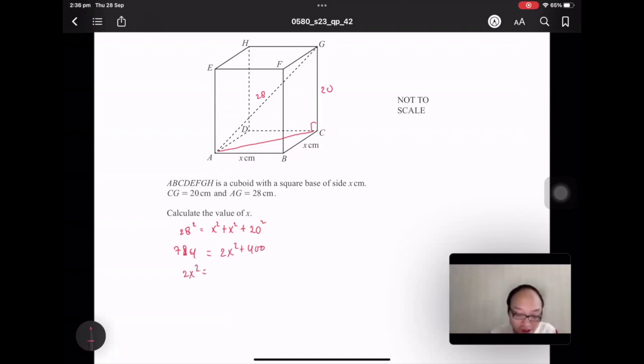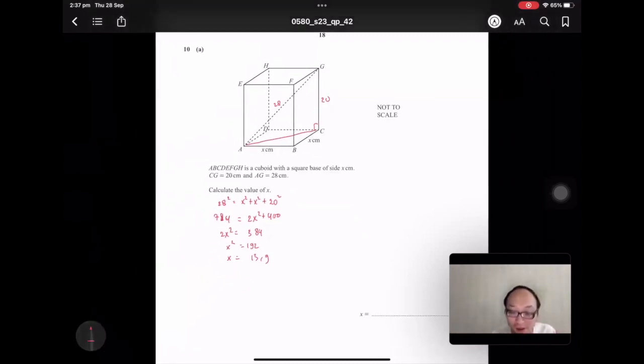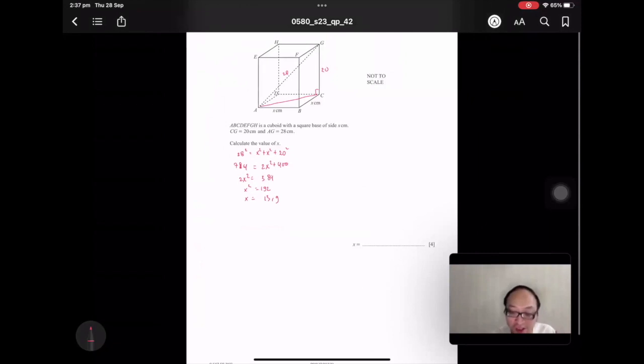So 2x squared is 384, so x squared equals 192. So x is the root of this, 13.9. We take only the positive value.